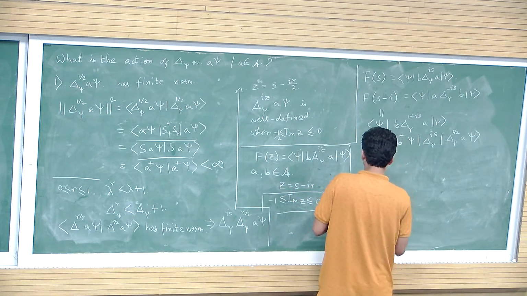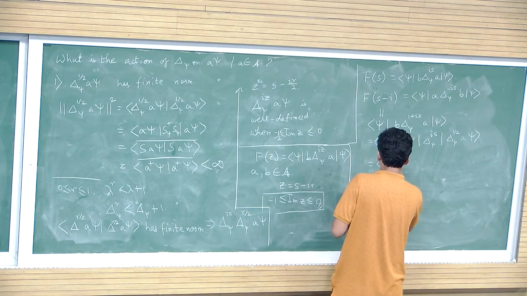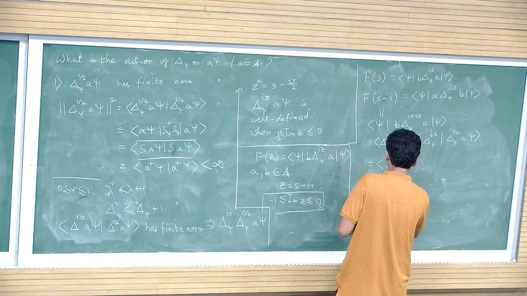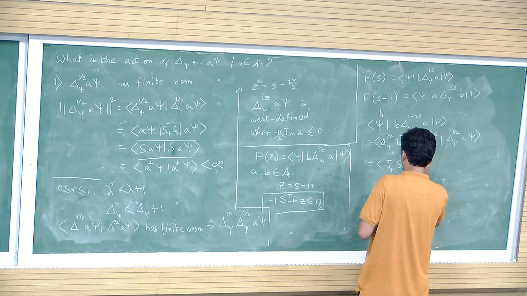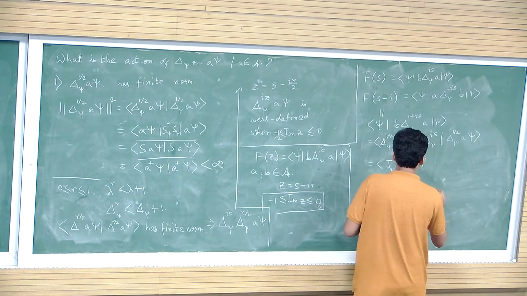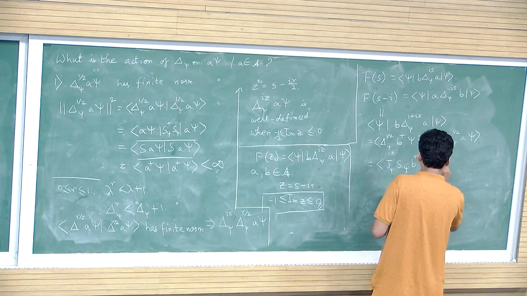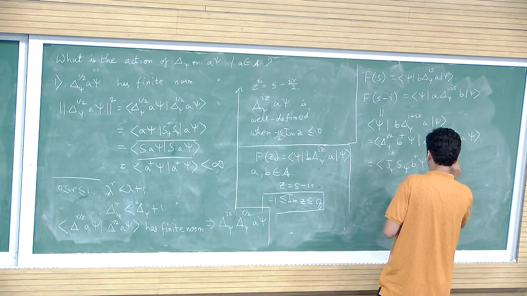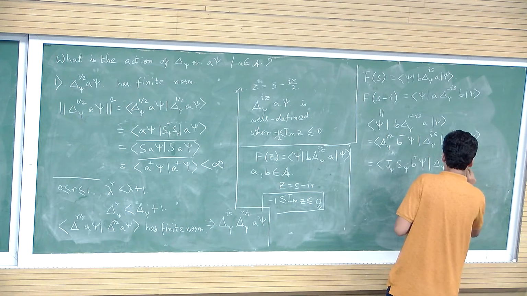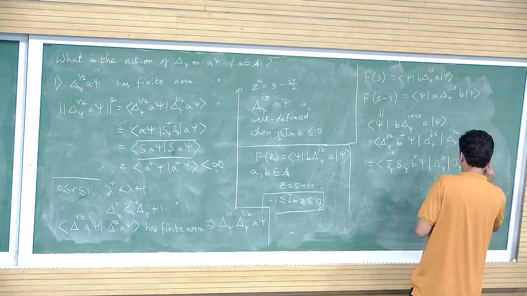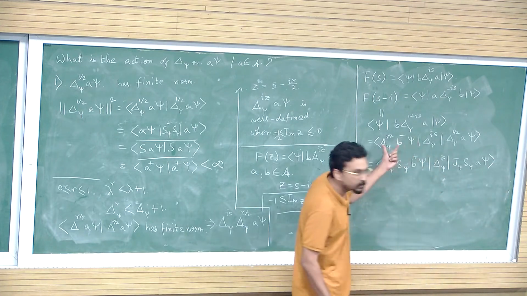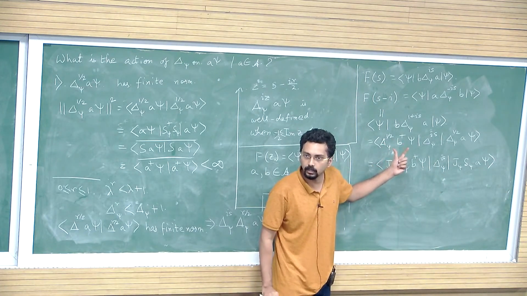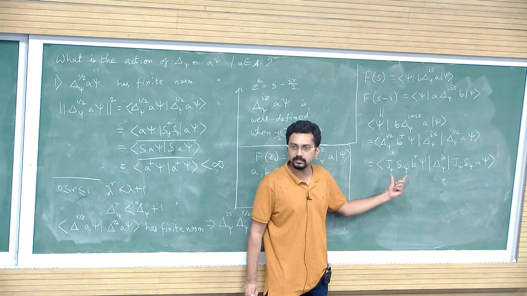Now, this object, I am using one of the relations that I wrote yesterday between delta j and s.